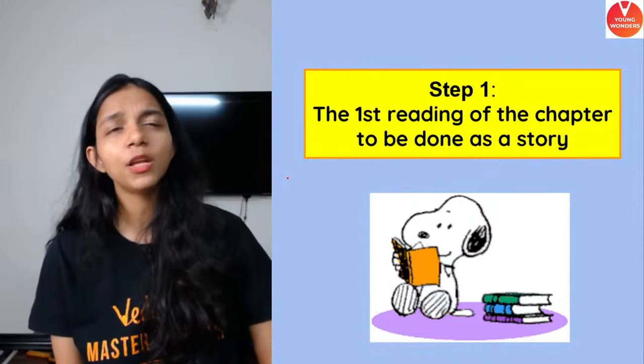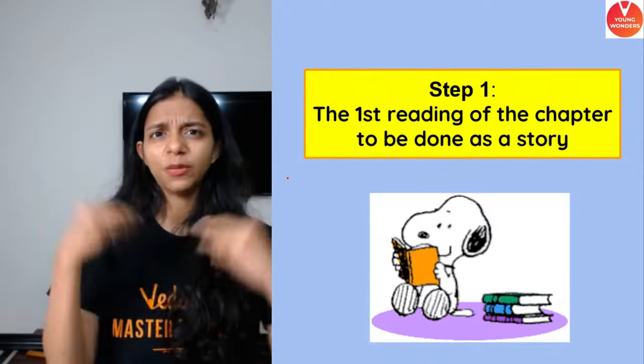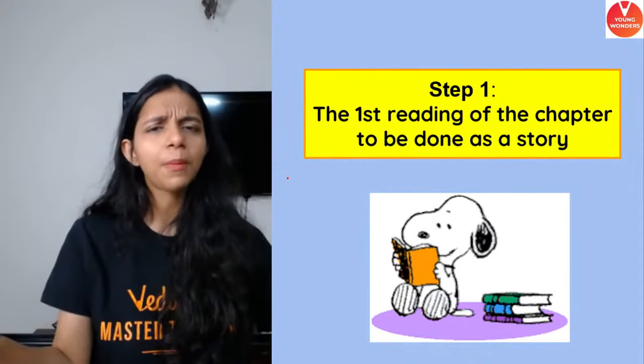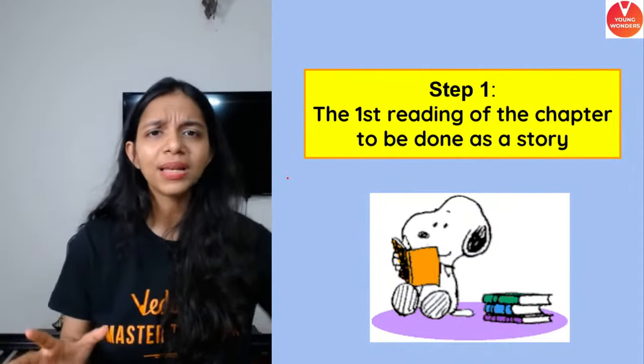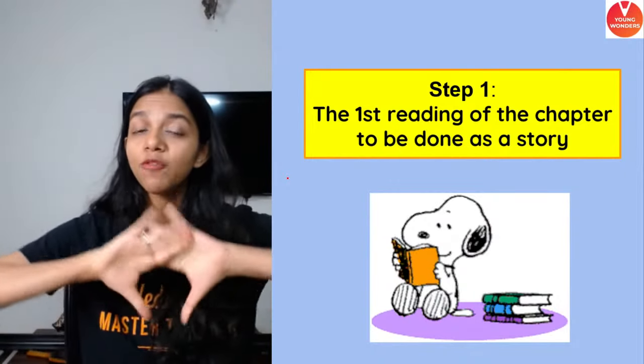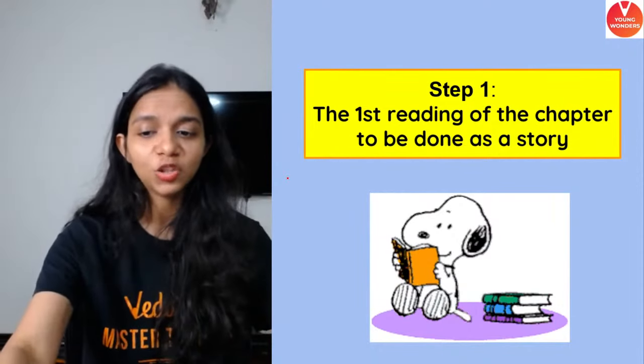That first this East India Company came to India, then a battle took place, what happened. So the first reading should be as a story. Don't care about facts. Don't care about who was Siraj-ud-Daulah or the Mughal Empire, who's the name and who's that. Forget about it. The first reading that you do should be done as a story.